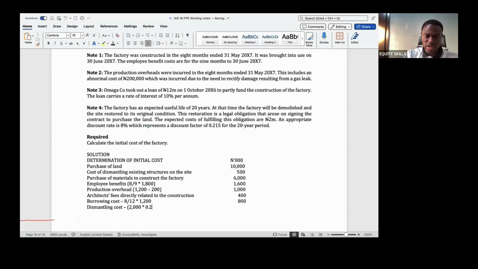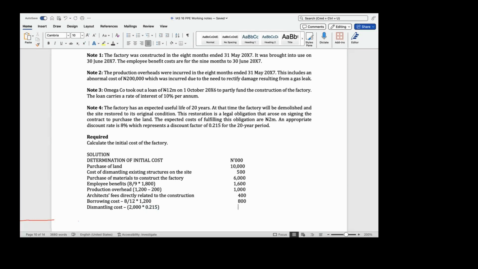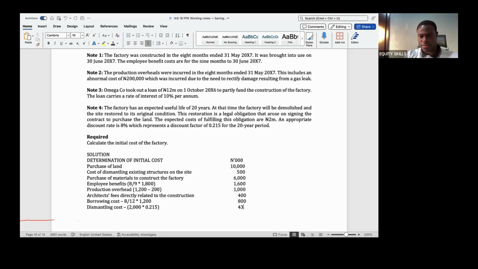The examiner gave us a discount factor of 0.215, so I just multiply them together. How much does that give us? Can you punch your calculator? Your calculator has to be beside you anytime you have my class. 430, sir. 430. Good.